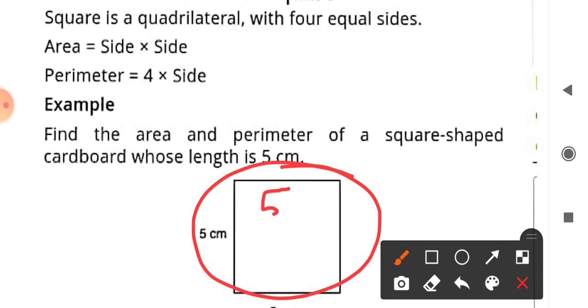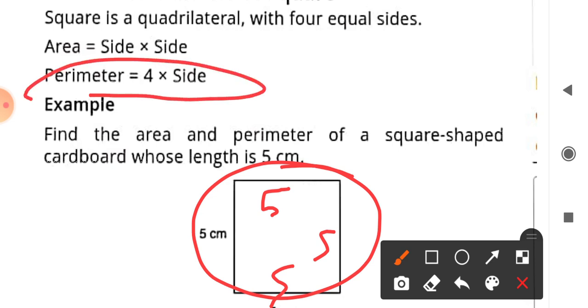Perimeter of any square is equal to 4 into side, and area of a square is equal to side into side. So you can calculate easily.